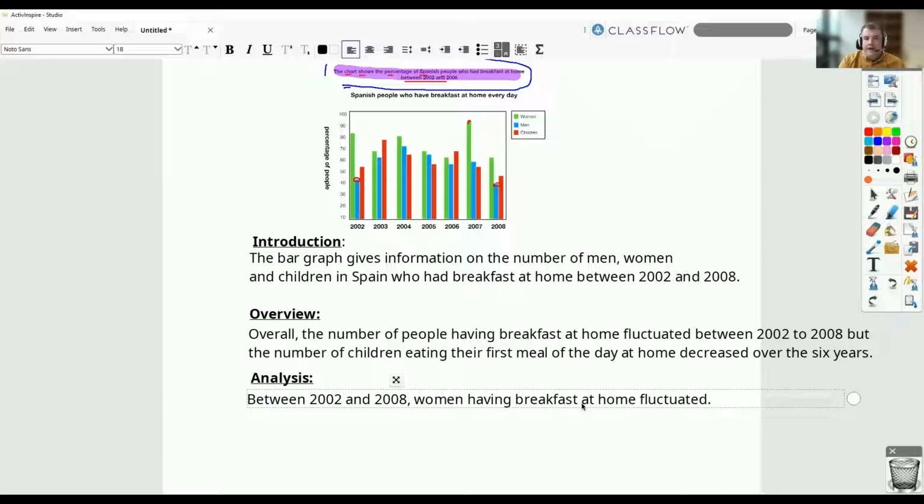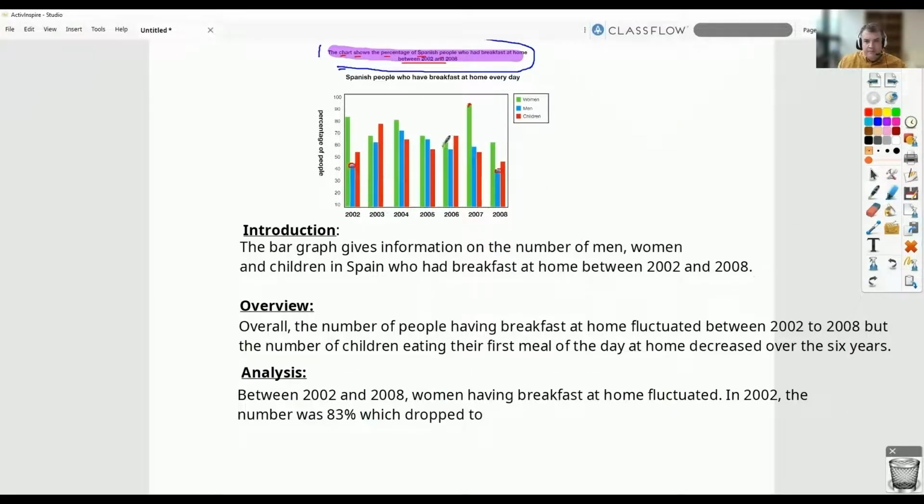In 2002, the number was, what did you say, guys? 83%, something like that. Which dropped to, let's focus on this one here, because we had a high here.